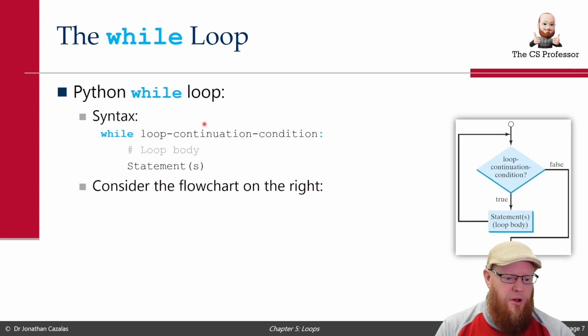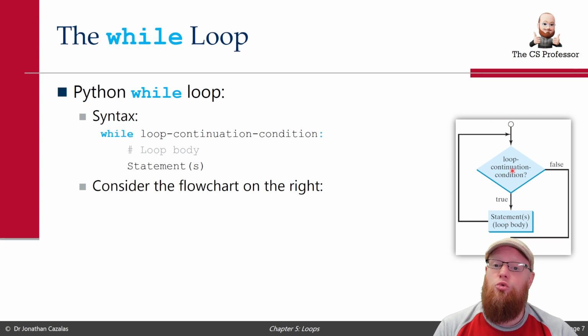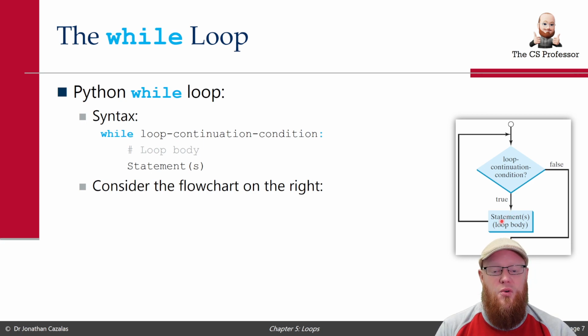So here's a flow chart on the right. We have this Boolean expression, this loop continuation condition. If it's true, we will perform whatever is inside the loop, and then we're going to come back again and retest this loop continuation condition. We will once again test this Boolean expression. If it's still true, then we once again perform the statements inside the loop and we retest.